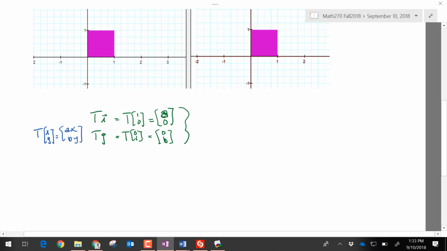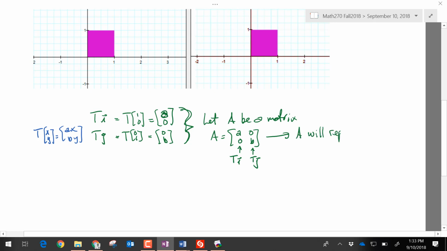It turns out, and we'll see this hopefully in a theorem or a definition or some sort of property, that if we let A be a matrix where the first column and the second column are the outputs of your T(i) and your T(j) vectors, then A will represent the transformation.